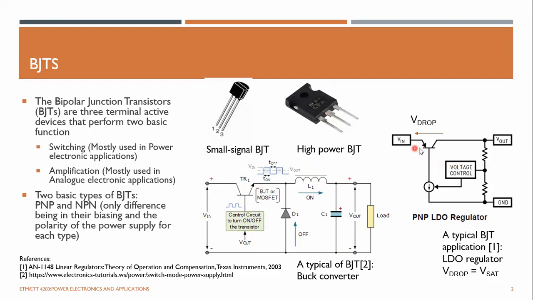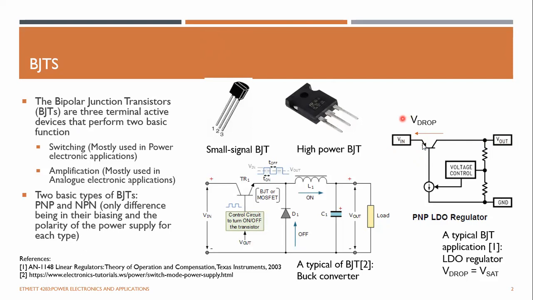There's another application for linear power regulators. Here you can see a P-type BJT is used. It also steps down the input voltage to the output voltage. You might have seen this kind of linear regulator on top of your Arduino boards. Sometimes there's an internal linear regulator.